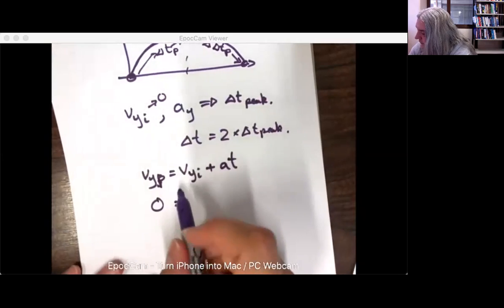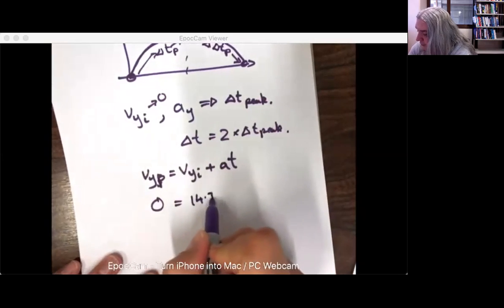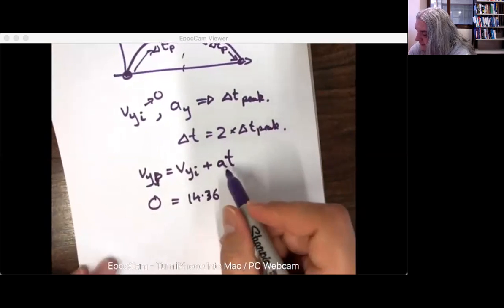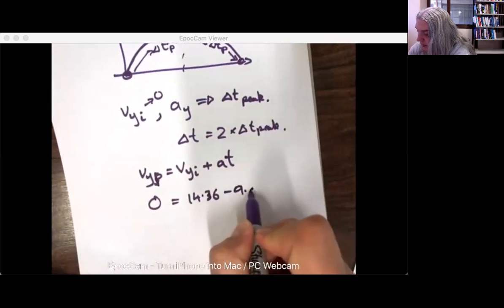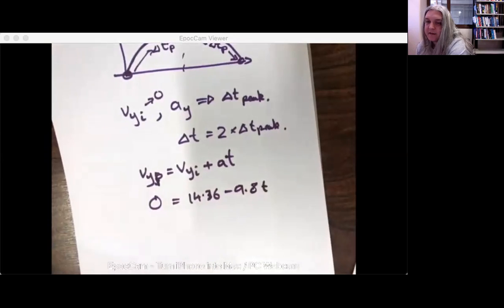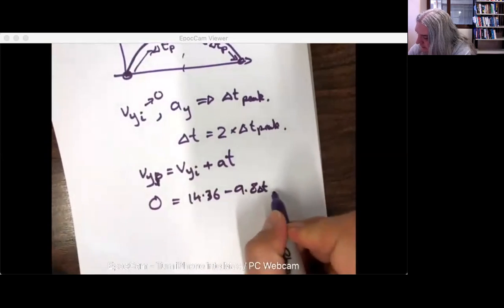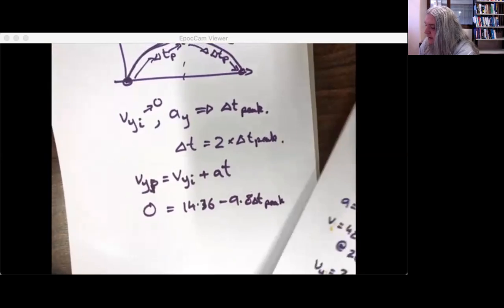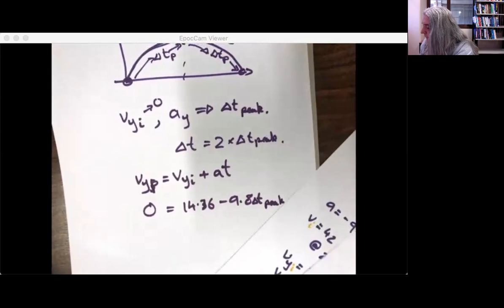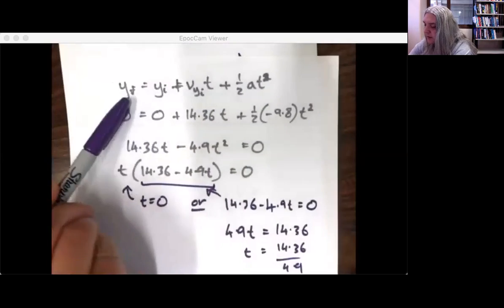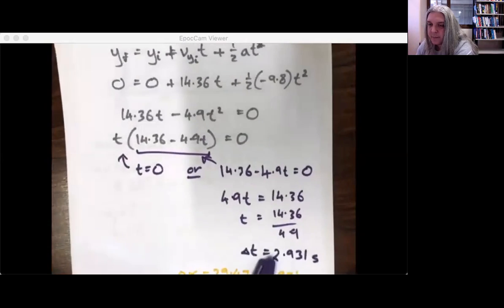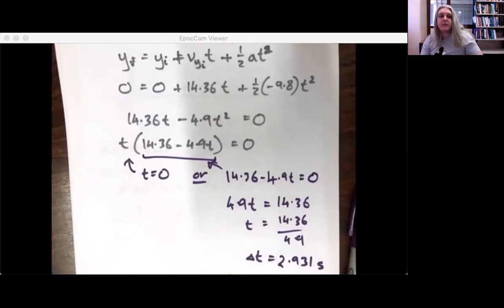We had the 14.36 as our initial velocity in the y direction, and acceleration due to gravity is minus 9.8. And so you could use that to figure out your delta t peak as well, and then double it to get your total delta t, and then use that to find the horizontal displacement. And so that's actually the same process as what I did here. Mathematically speaking, they both find the same total time of 2.931.